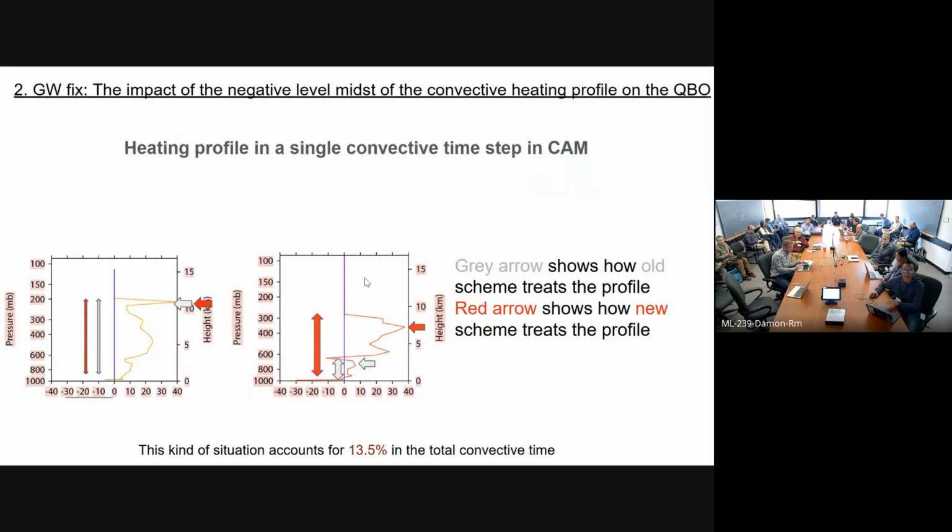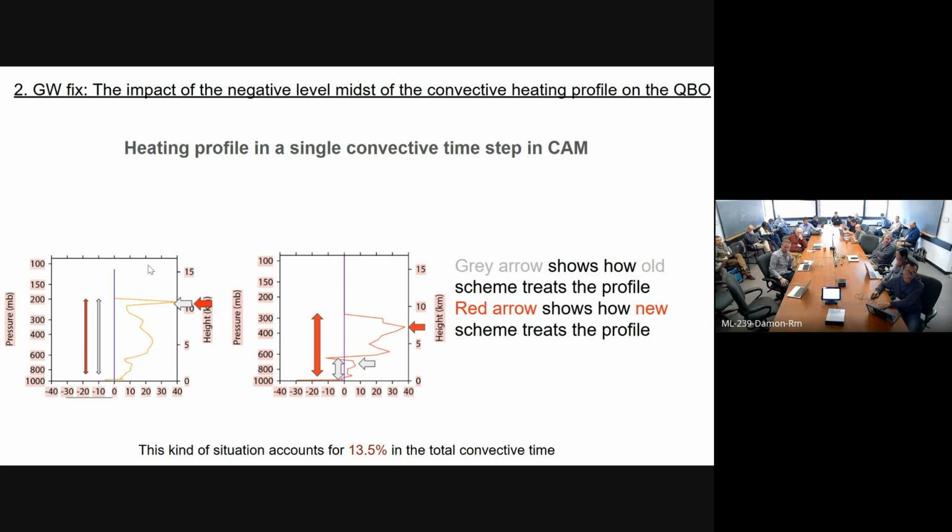And here, let's move to the more important and interesting part. I'm going to talk about the fix in the gravity wave scheme, which is the impact of the net heating in the middle of the convection heating profile on the QBO. Here we have 2 heating profiles in a single convective time step in CAM.